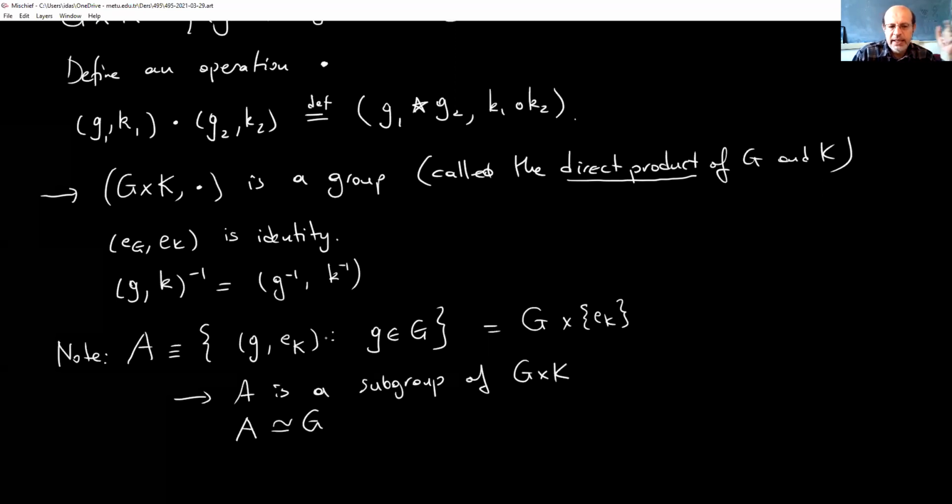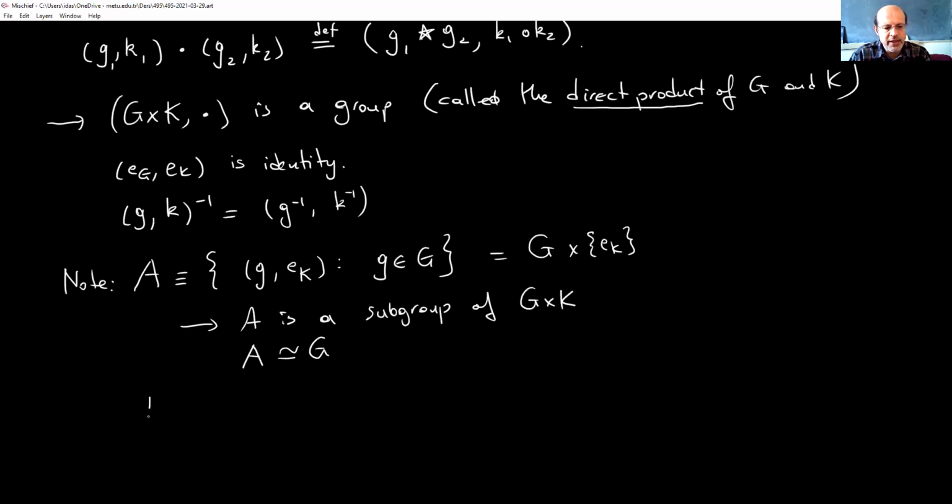So somehow, in this direct product, there is some kind of a copy of the group that was multiplied, as a subgroup. And similarly, B is basically the elements formed from the identity of the group G and an arbitrary element of the other group. You can think of it as the product of the identity with the other group.